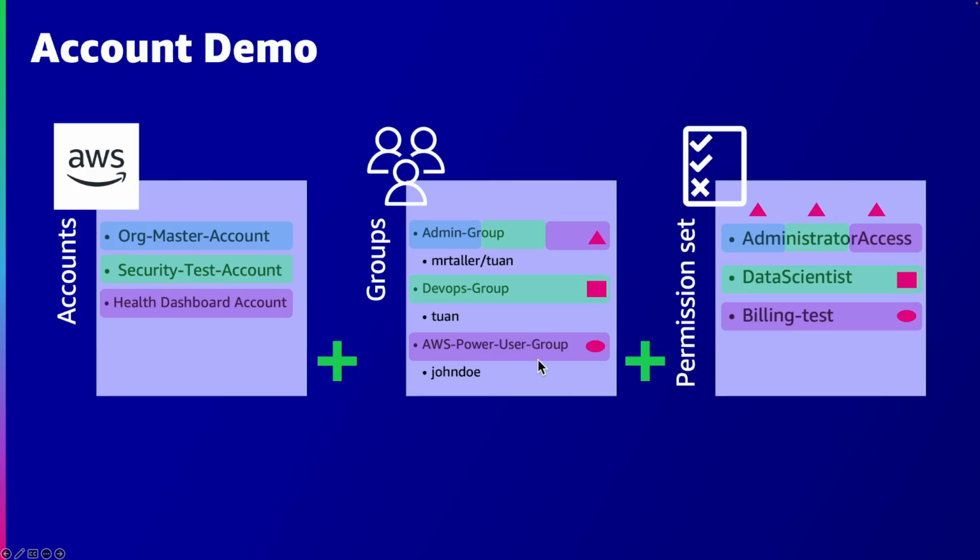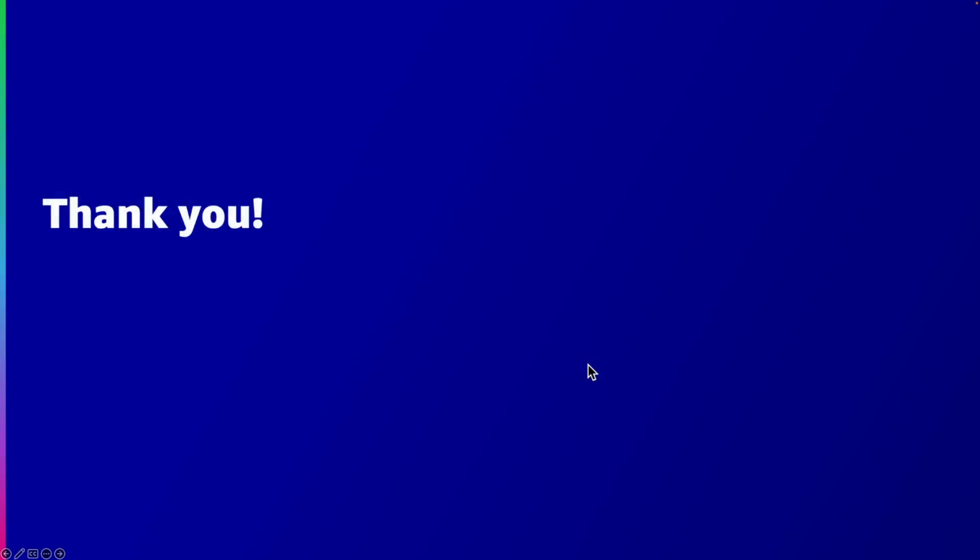Cool. Let's jump back to here. Basically, just a quick recap. Firstly, we discussed what single sign-on is and how it can streamline user access within your organization. Then we compared IAM Federation with the AWS IAM Identity Center and showed why it's an efficient way to manage user access.